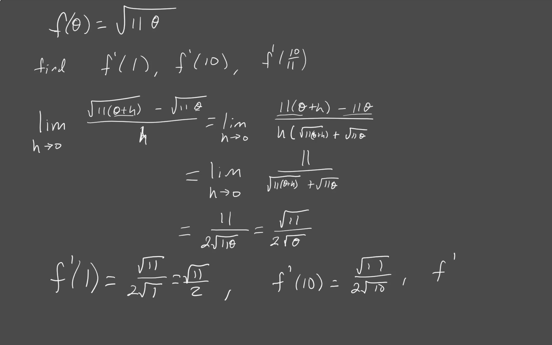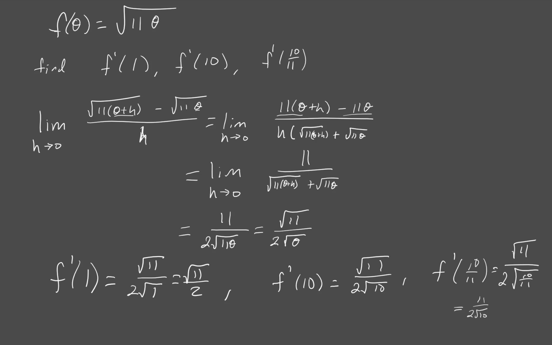F prime at, say, 10 over 11, that's the square root of 11 over 2 over the square root of 10 over 11, which is, with the square root of 11 multiplied to each other, 11 over 2 square roots of 10.